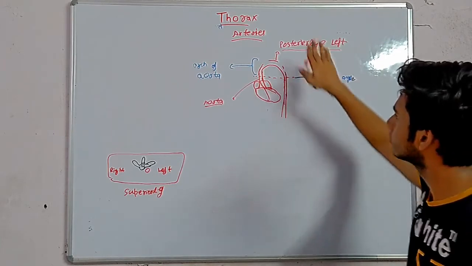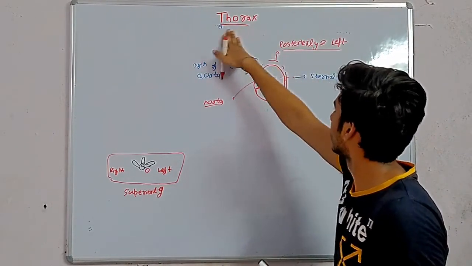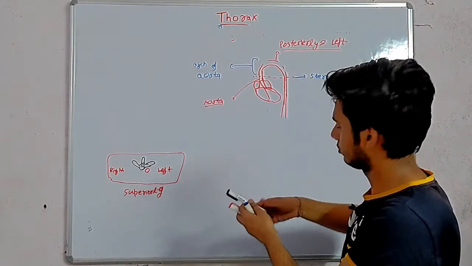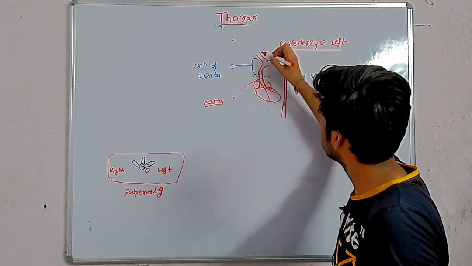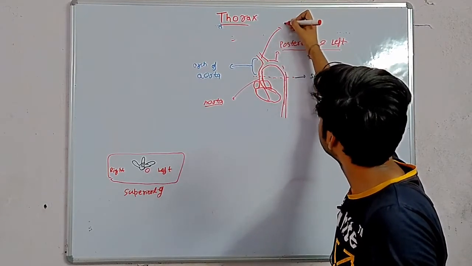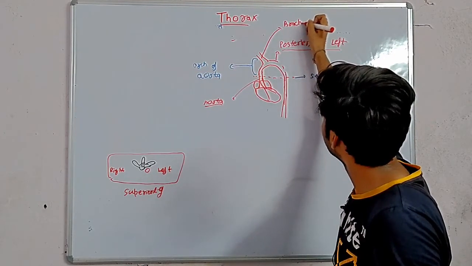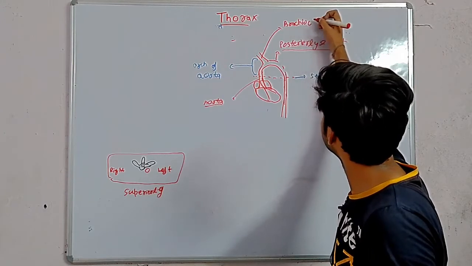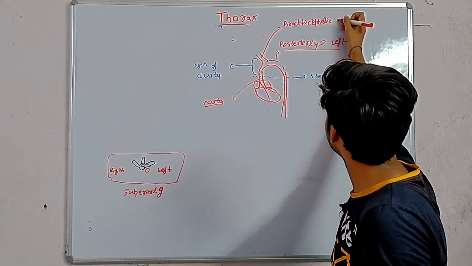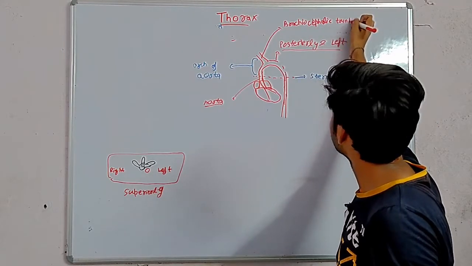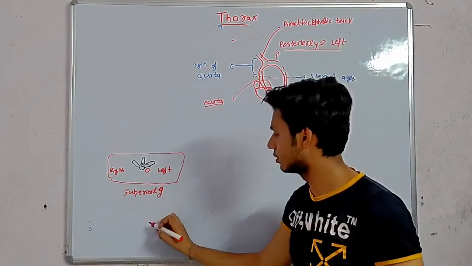The main branches are: one, the brachiocephalic trunk. These are all arranged like this from superiorly.